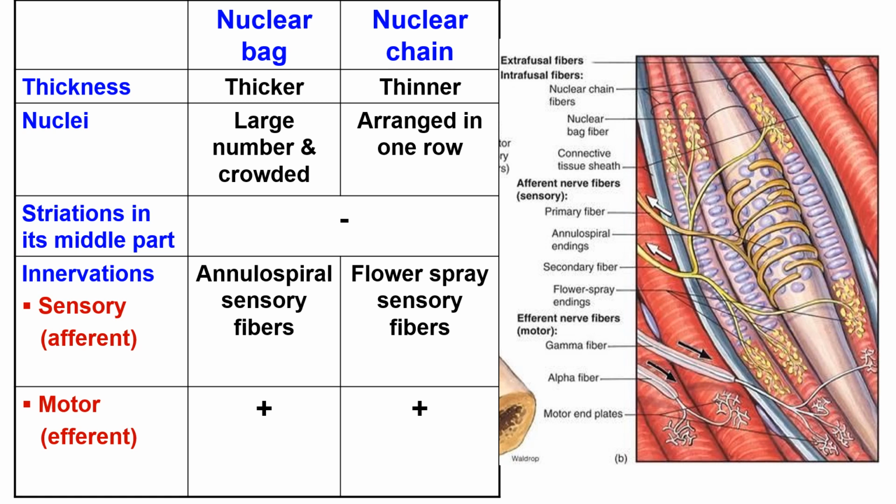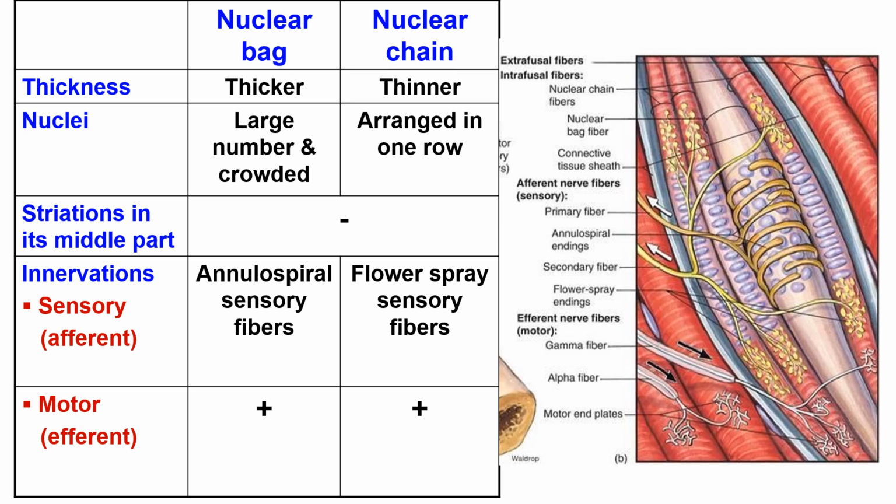Regarding striation, there is no striation in the middle part of both types. Regarding innervation, we have two types of sensory fibers inside the capsule, annulospiral and flower spray.